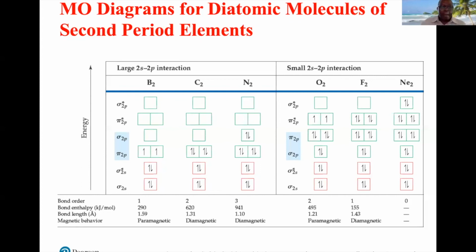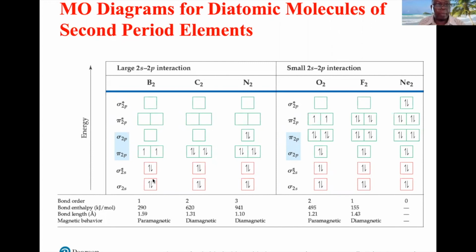That's how you look at the bond order. I mentioned paramagnetic and diamagnetic, and you are wondering, how did I end up with that? These are molecular orbitals. Why do we say this is paramagnetic? It has unpaired electrons. So if I don't do well in drawing the molecular orbital diagram for a molecule, I won't see that there are unpaired electrons, and there is no way you will say that this molecule is paramagnetic.